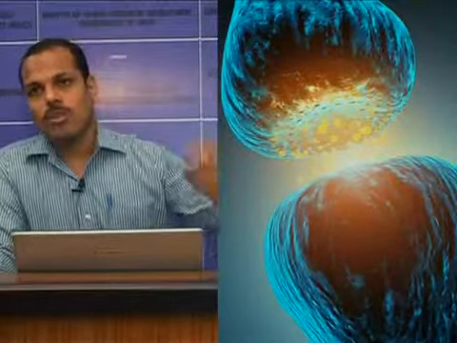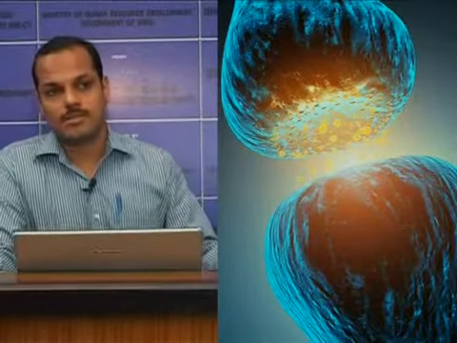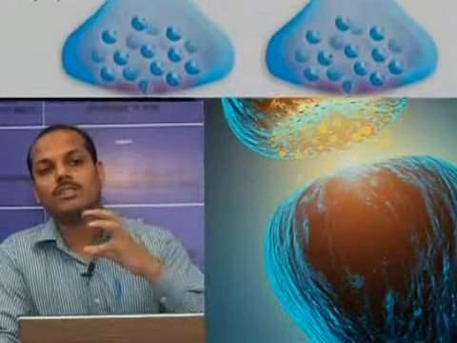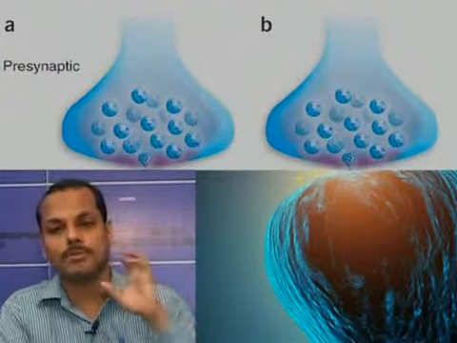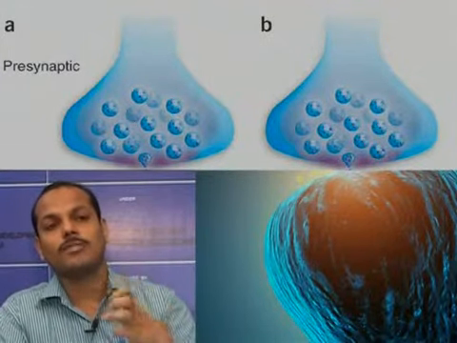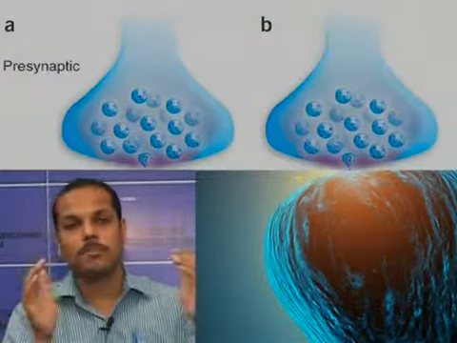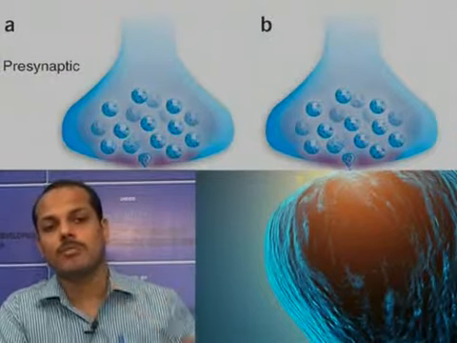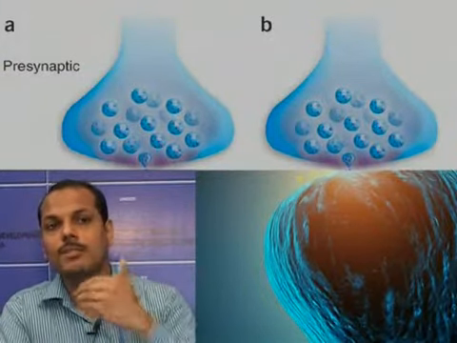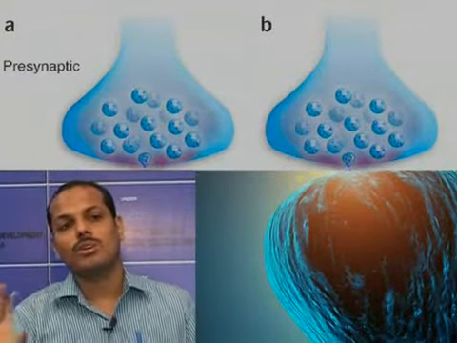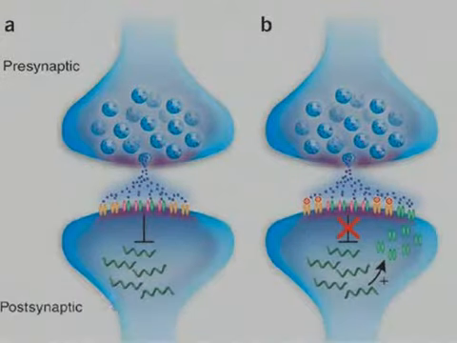Now, at the zone of the synapse, the terminal branch of the axon enlarges, and this is called the presynaptic node. The cell membrane of the presynaptic node is called the presynaptic membrane, and the other neuron also has a cell membrane, called the postsynaptic membrane and postsynaptic node.